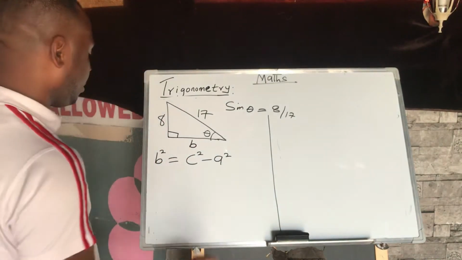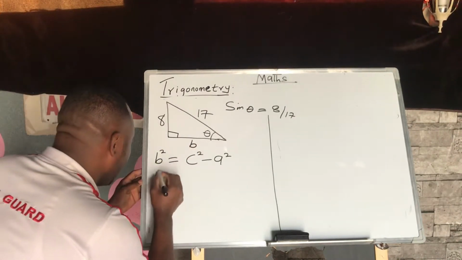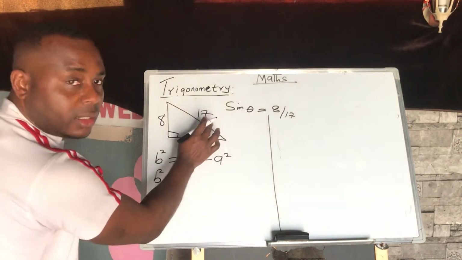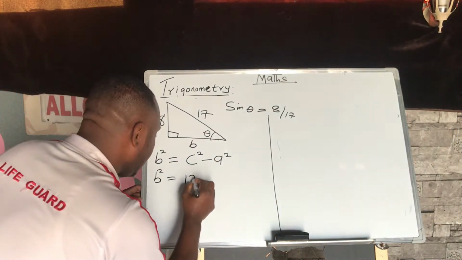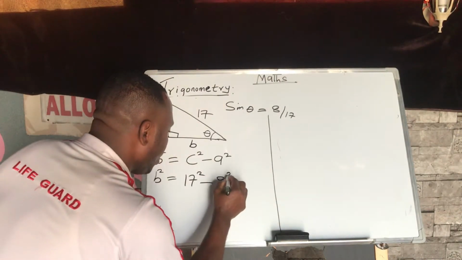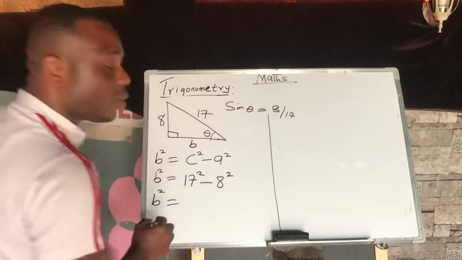So right now, we are looking for B square equal to, what is C square? 17. 17 square minus 8 square.